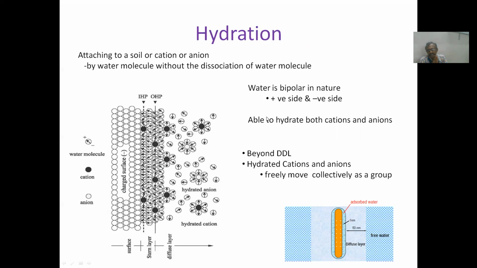The next concept is called hydration. What is hydration? You should be very clear about hydration and hydrolysis; they should not be confused. In hydration, each soil particle, cation or anion is surrounded by water molecules, without the water molecule dissociating into hydrogen and hydroxyl ions.